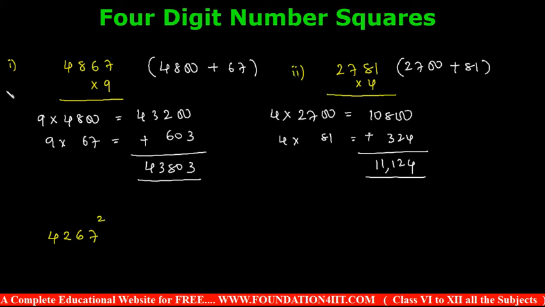To find the square, the same concept we used for 3-digit number squares will apply. We take it in two parts: 267. We subtract 267 and add 267. This is the same concept, with 4,267 and the extra 267 added and subtracted.